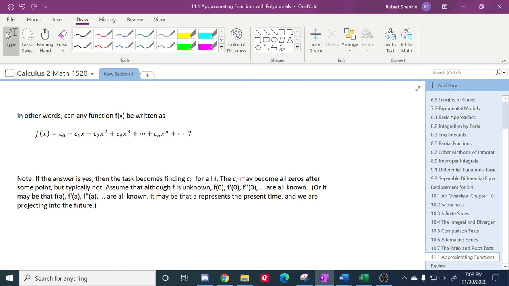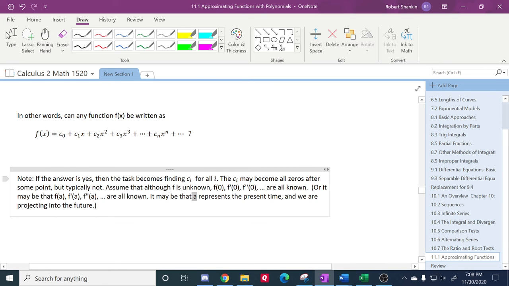Assume that although f is unknown, f of 0, f prime of 0, f double prime of 0, etc. are all known. Or it may be that f of a, f prime of a, f double prime of a are all known. So this is the variable a, let me make it italics.